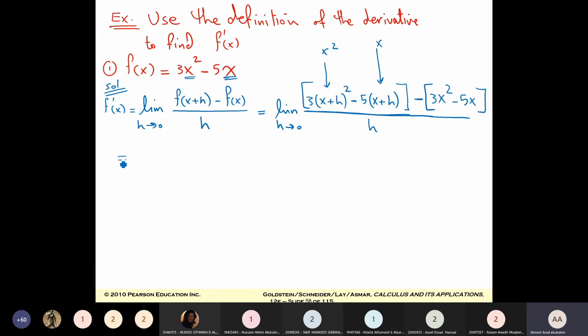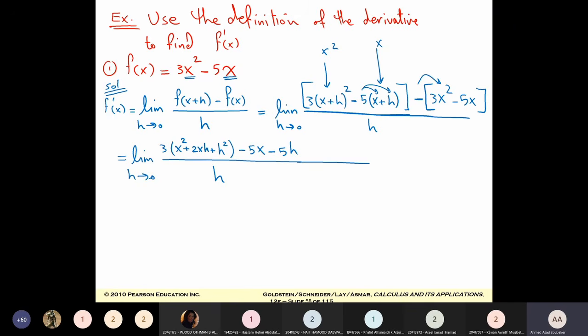Now, more simplify. The denominator equals h. We have 3 multiplied by x plus h all squared. This equals the first square plus 2 multiply the first multiply the second plus the second square. Minus 5 multiply x and negative 5 multiply h, so we have negative 5x and negative 5h.